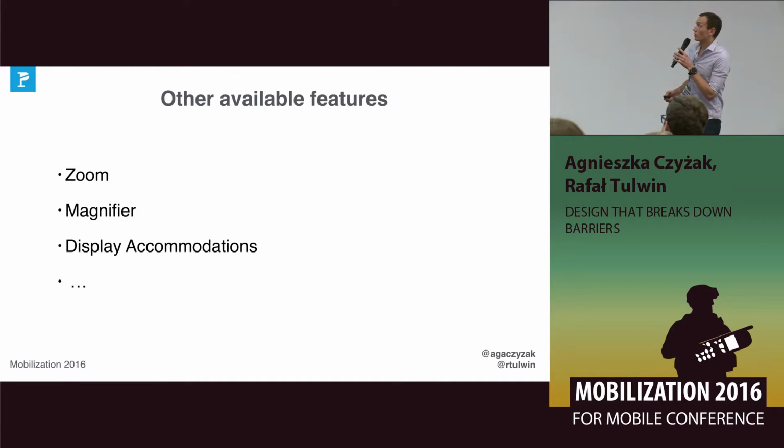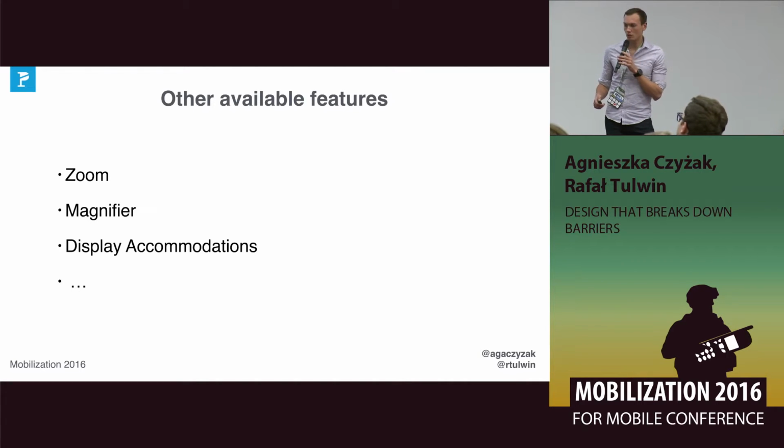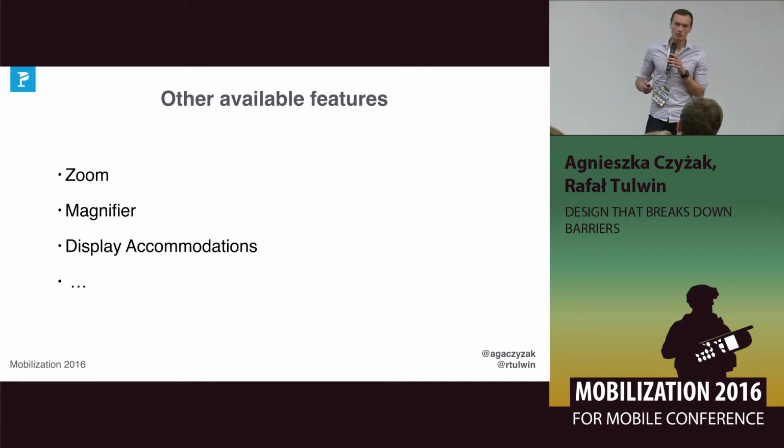And there are also other available features like zoom, which zooms in the whole screen, and magnifier, which zooms in only the part of the screen which we are interested in. We've got display accommodations, which lets you play with the colors. It lets you invert the colors. It lets you filter some colors out. Very useful for people who are colorblind.